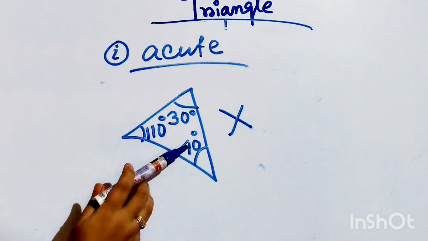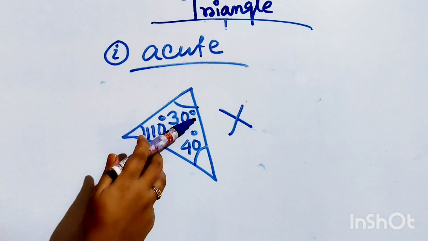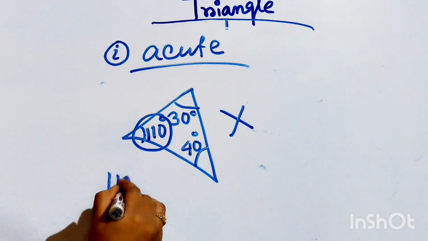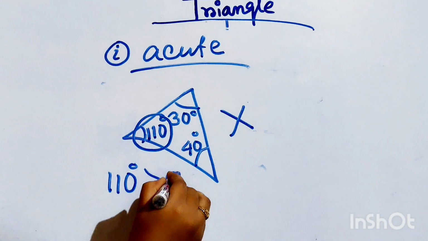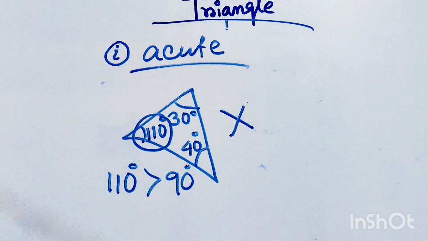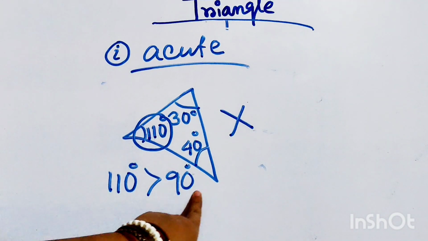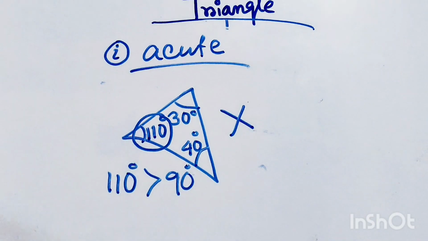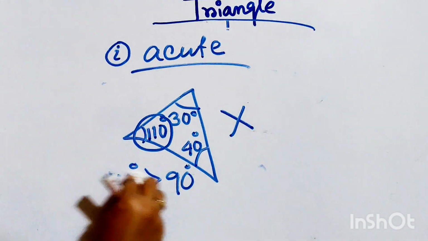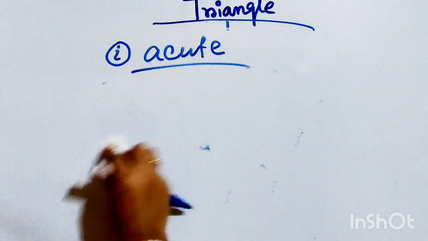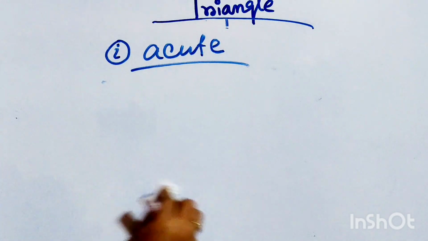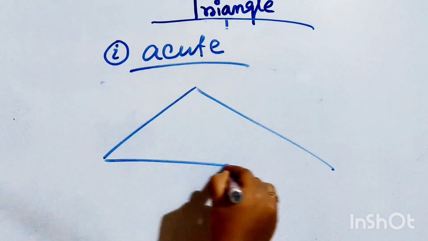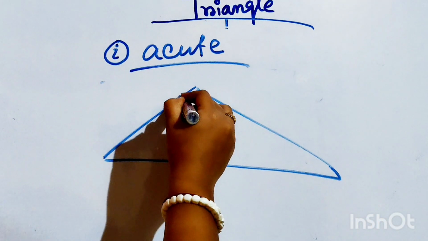No, the answer will be no. Why? See, 30 degrees lies between 0 and 90 degrees, an acute angle. 40 degrees also lies between 0 and 90 degrees, also an acute angle. But 110 degrees does not lie between 0 and 90 degrees, it is greater than 90 degrees. That is an obtuse angle. So we cannot say this triangle is an acute angle triangle.